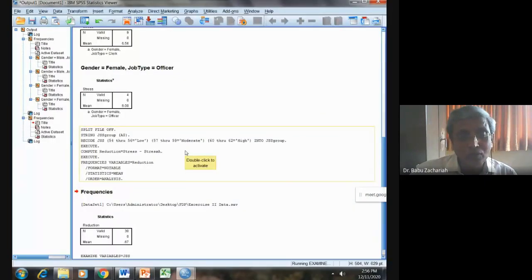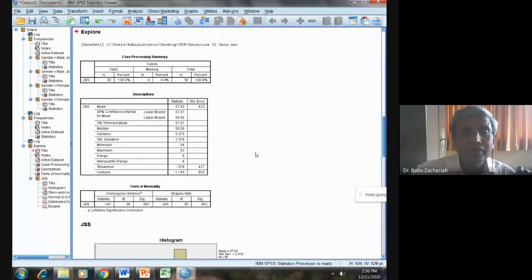A long output is going to come. Let us see it one by one, very carefully, and try to understand. First is the case processing summary, 100% processed. The only thing you have to verify here is whether 100% processing happened, since sometimes a wrong entry or missing values may create problems. That has not happened.